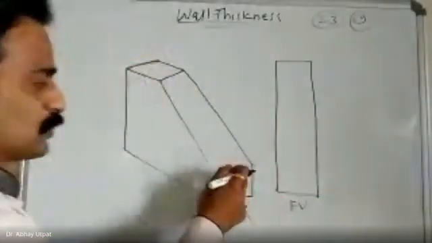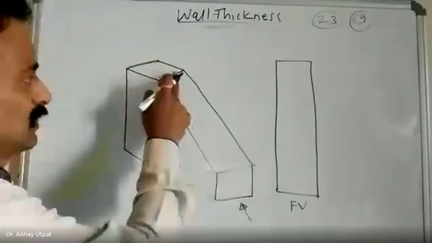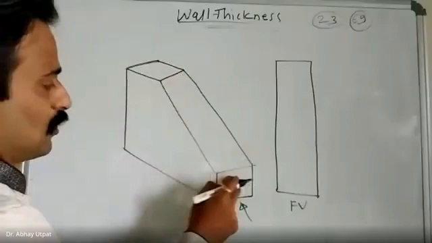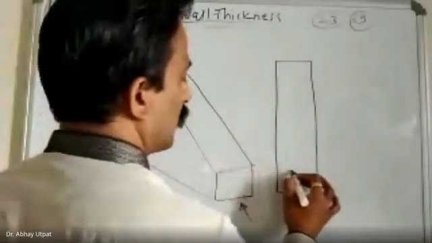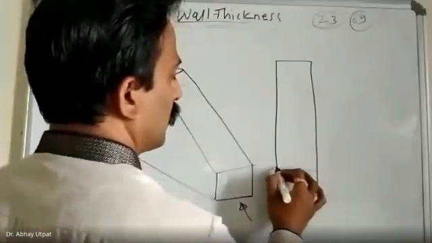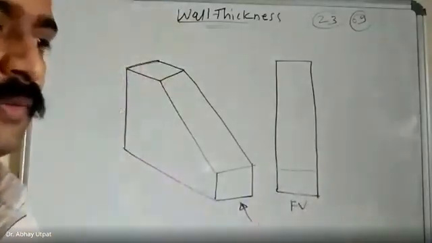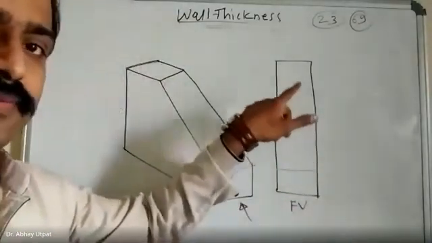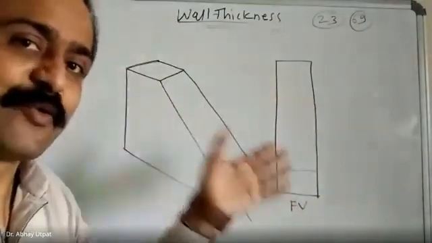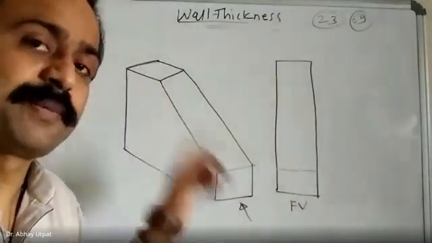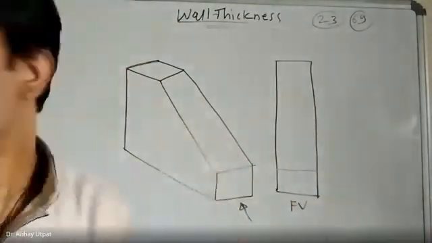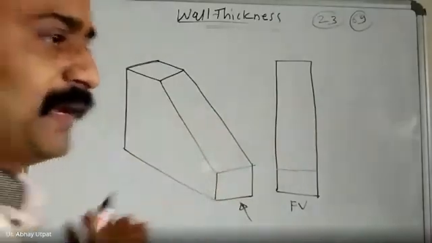No doubt, here is one line. There is no line here. Only one line will be here. Now, I want to decrease the weight of this component by keeping uniform wall thickness. Now, this is the wall thickness.